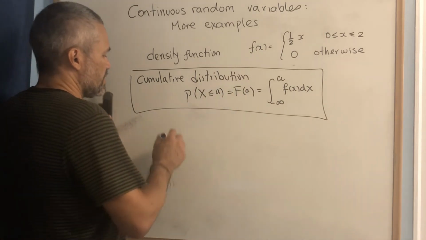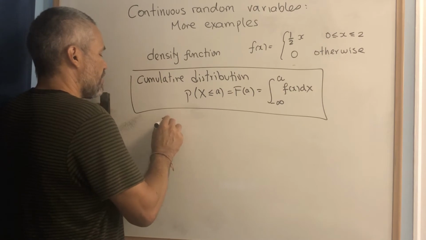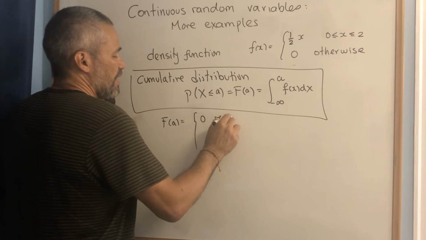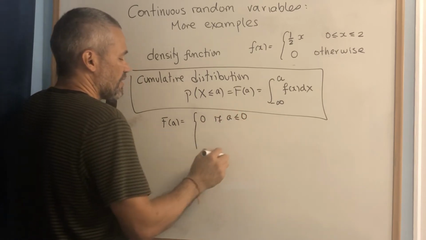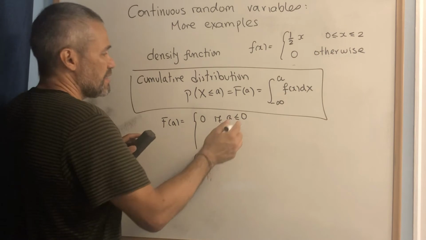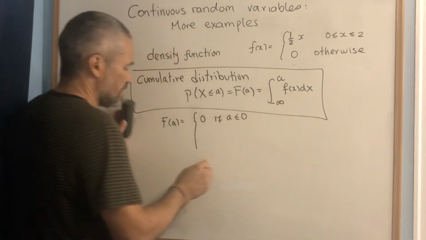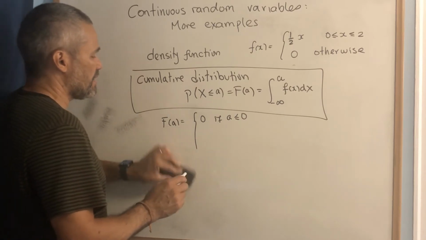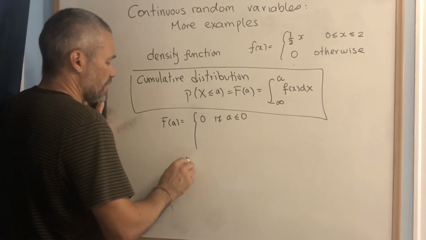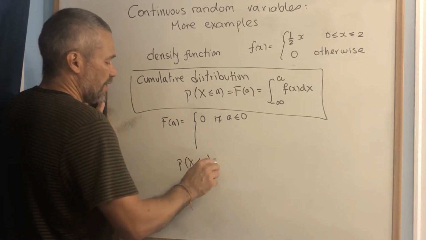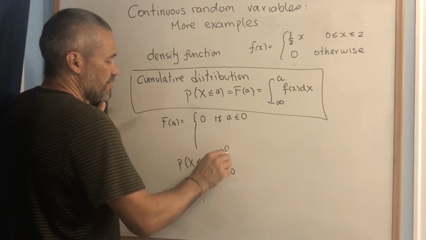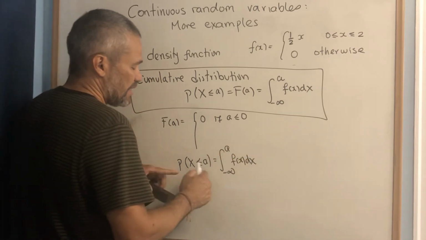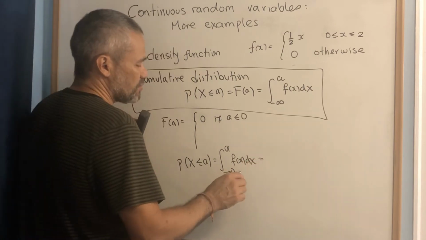In this particular case, we have that F of a is 0 if a is smaller or equal than 0, and when a is bigger than 0, the probability that x is smaller or equal than a is just the integral from negative infinity to a of f of x dx. But since a is bigger than 0, let's divide this into two cases.